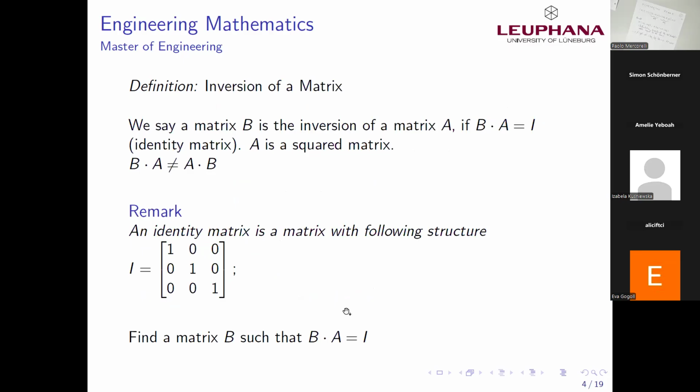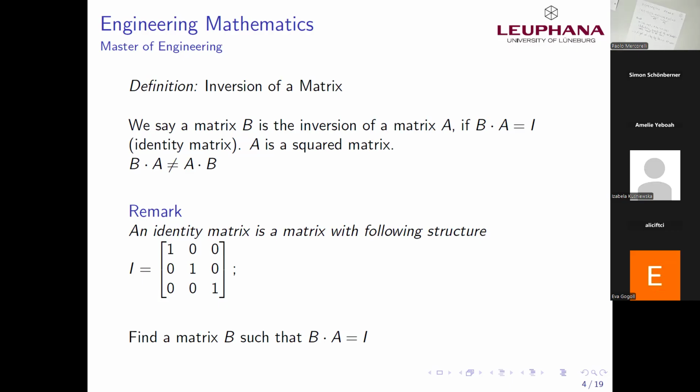Look at this. Probably you remember this from gymnasium. Let me show you the inverse of a matrix. We can say that B is an inverse of the matrix A if, please remember, in a definition, if means if and only if, B multiplied by A equals the identity matrix.